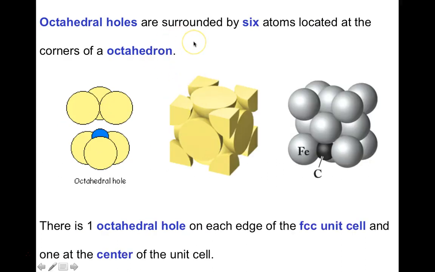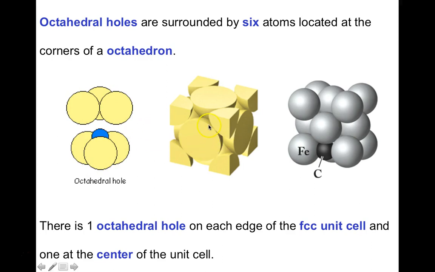The third kind of hole that we're going to look at is also in the face-centered cubic lattice, and this is the hole that lies halfway along the edges of the unit cell. It's pretty visible when you look at this. It's called an octahedral hole because an atom that is in one of these holes is surrounded by 6 other atoms directed towards the corners of an octahedron.